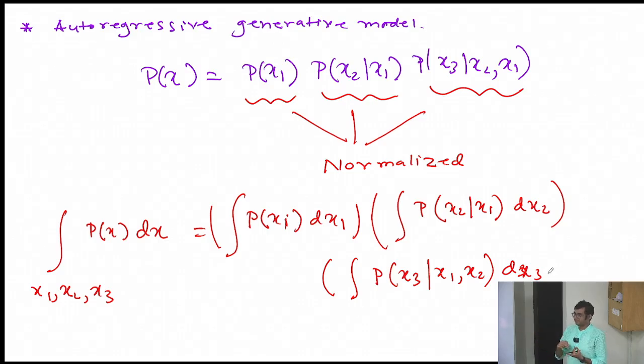I'll repeat. In autoregressive model, one of the limitations was that each of the conditionals needs to be very simple. Simple in the sense they need to be normalized. That's why we're using either mixture of Gaussian, which is normalized, or Gaussian, or Bernoulli. Yes, the Gaussian was a function of a neural network as mean and covariance, but it was Gaussian at the end of the day.